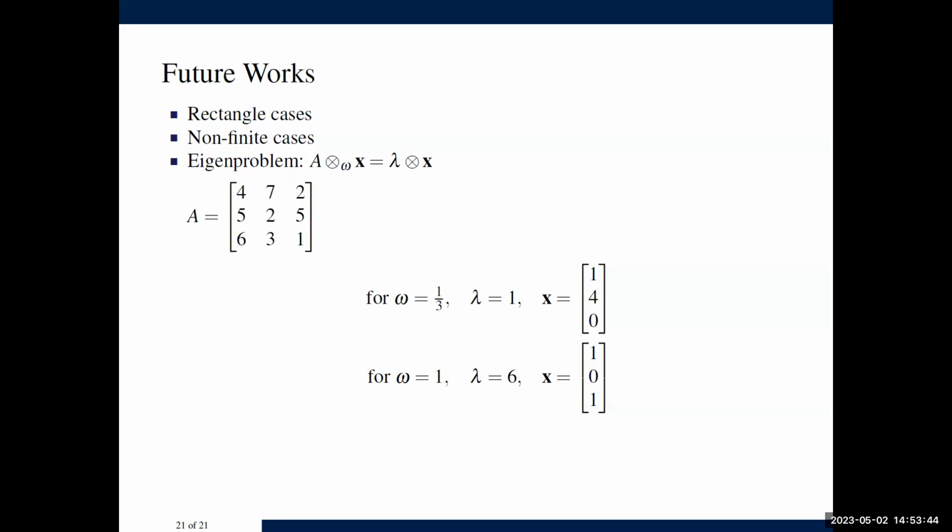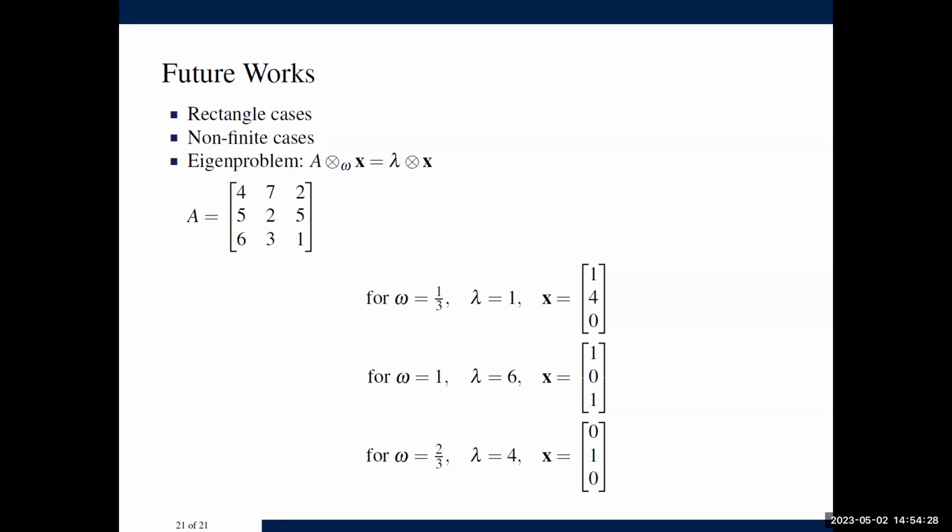Now, for this one, for omega equal to 2/3, we are not sure yet. The way I compute or find this eigenvalue and eigenvector is using a computer, and we don't know how to solve it analytically. This one actually corresponds to this circuit, the self loop at node 1, and then there is another cycle, 2 and 6, and the total is 8, and the average is 4, and then there is another cycle, 3 and 5, and the total is also 8, and the average is 4.